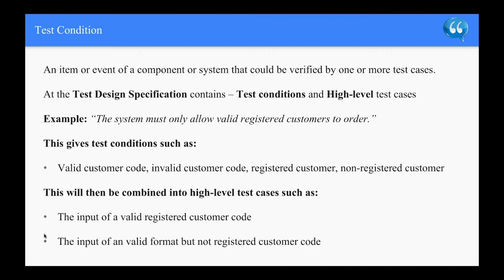This gives test conditions such as valid customer code, invalid customer code, registered customer, non-registered customer. This will then be combined into high-level test cases such as the input of a valid registered customer code, the input of a valid format but not registered customer code.